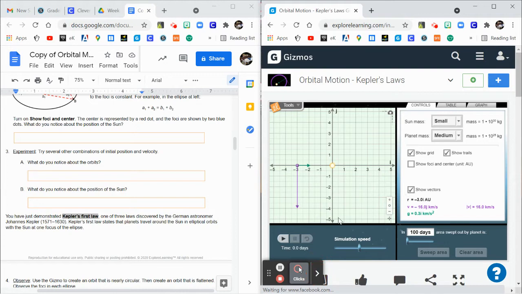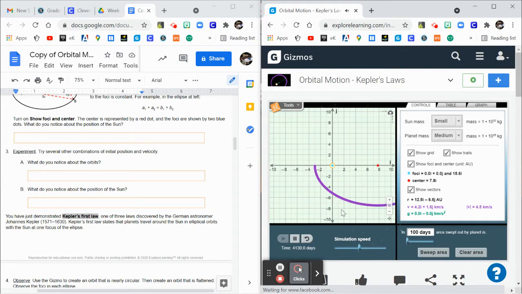And then let's click on play, and then let's show the foci. Oh wow, this is a huge ellipse, right? It's a huge ellipse, but if we take a look here, right?